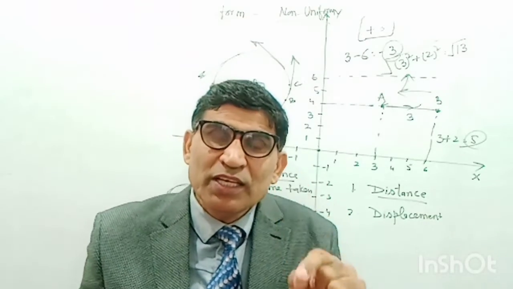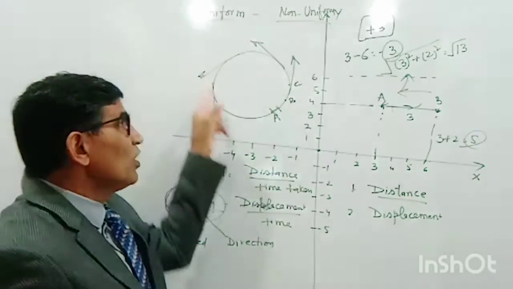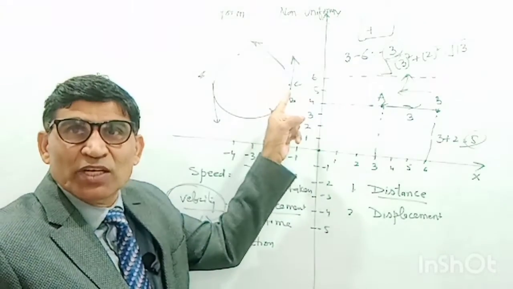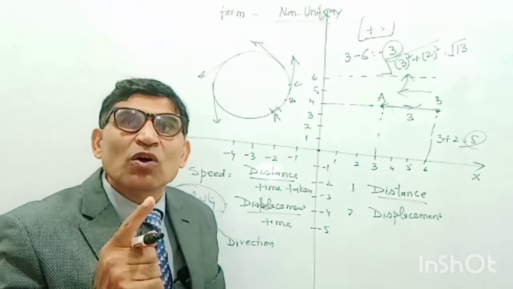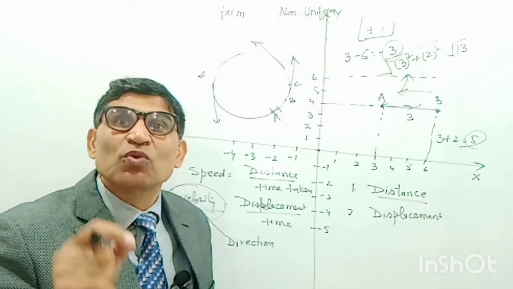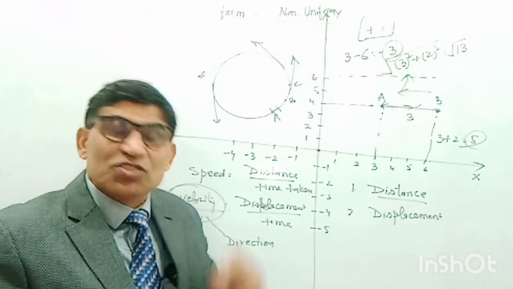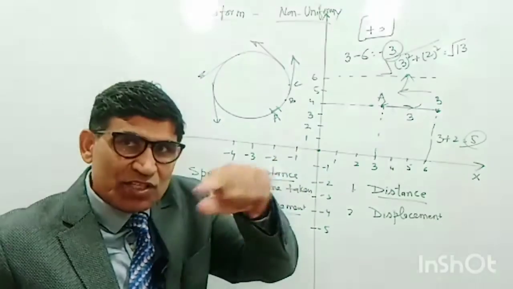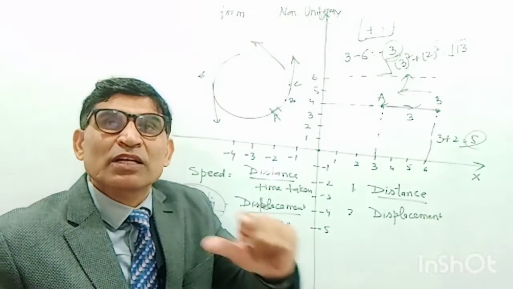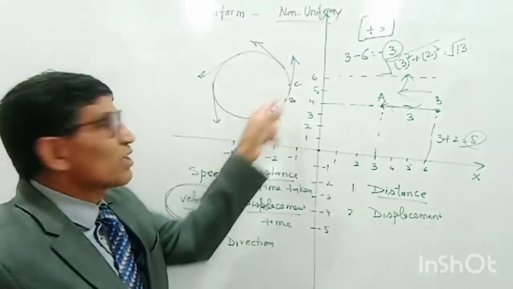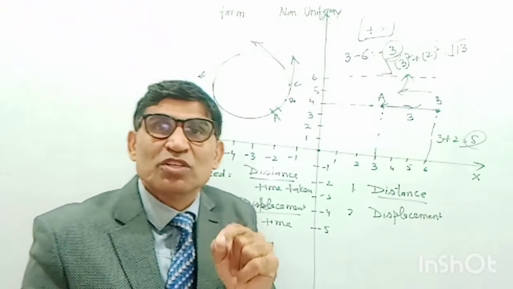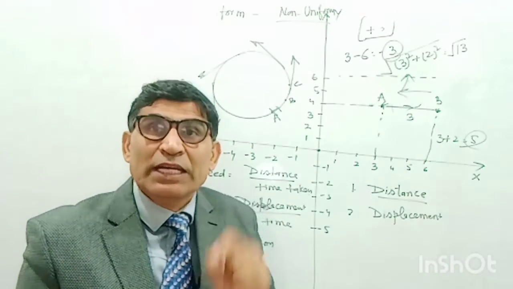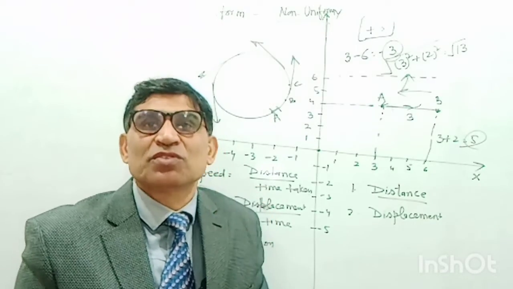If a body is moving in a circular path with a fixed speed only, we cannot call it uniform motion, but we can call it uniform circular motion, because circular means direction is changing. Uniform circular motion means speed is constant. It doesn't mean that velocity is constant.